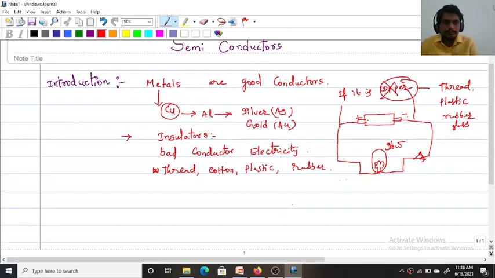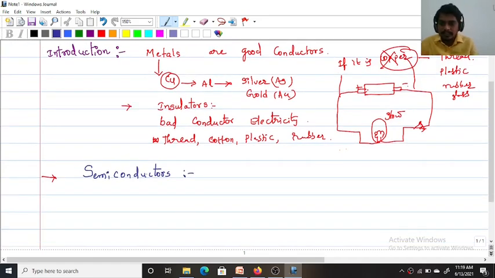Now the other class of materials, which is our point of interest, is semiconductors. The third class of materials are called semiconductors.